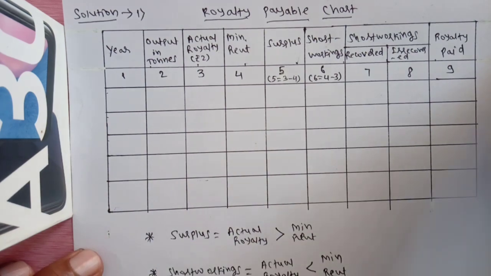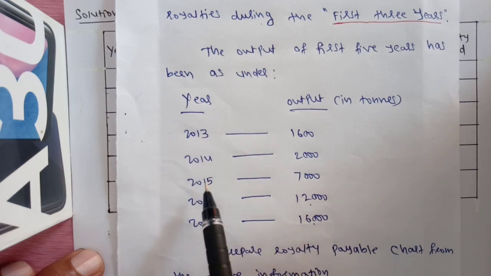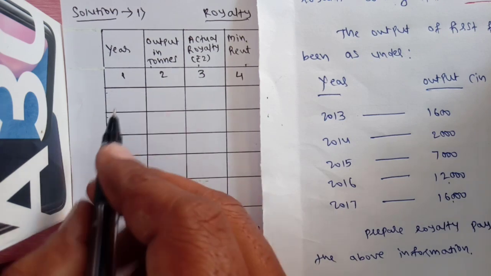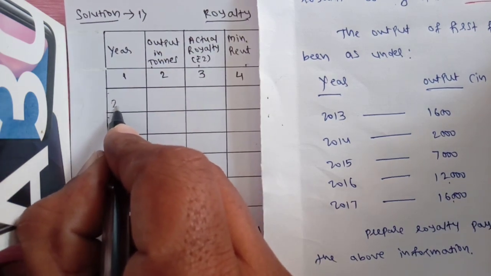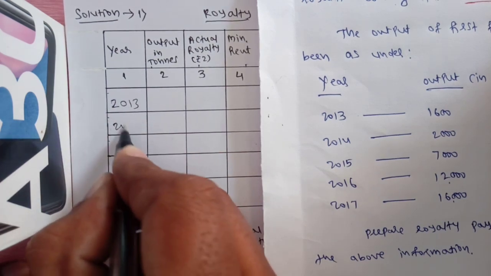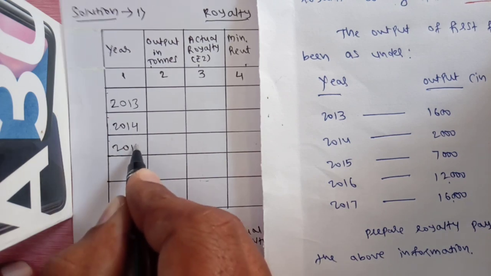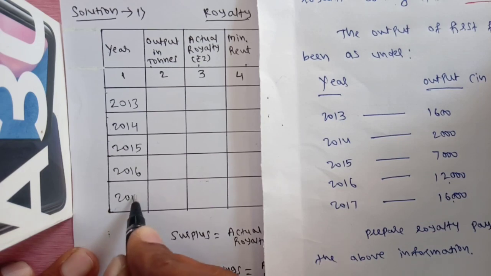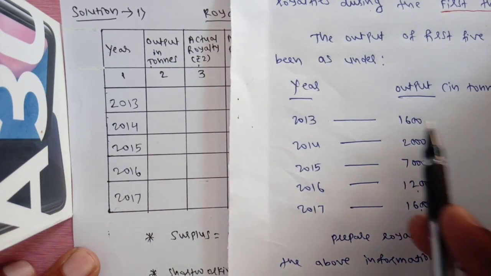So first I will write it over here. See here in the problem, years 2013, 14, 15, 16, 17. So I will just write them: 2013, 2014, 2015, 2016, 2017, and output in tons.